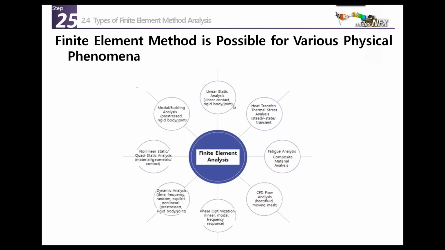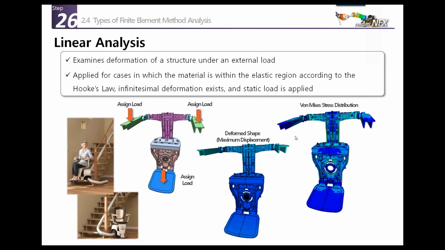Now I'll talk very briefly about several types of analysis that you can consider when you're doing finite element analysis. Today we will center on linear static, but I'd like to talk a bit about the different types of analysis which are possible, so you know what is possible and you can eventually find more documentation about all that later on. First of all, linear static, which will be the topic of today. I'll talk about it in more detail a bit later.